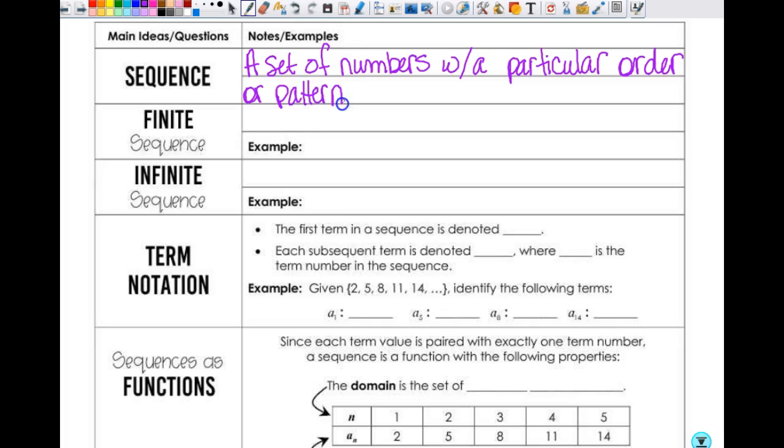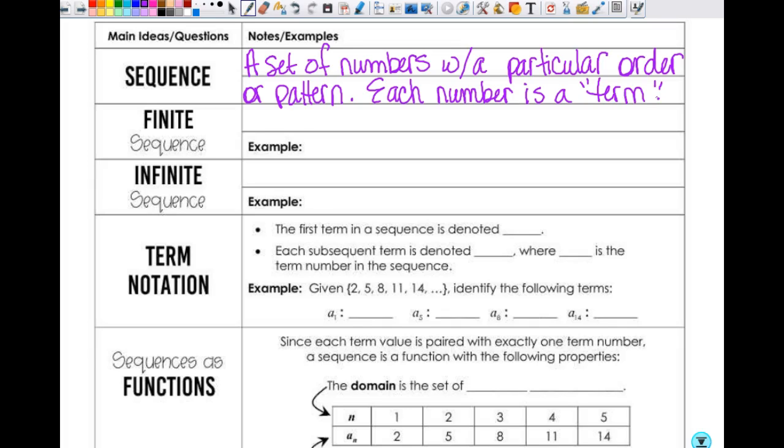Pattern is what I meant. Sorry, I've been writing position in the other class all day. Position is not necessarily wrong, it's just not what I meant to write. Order or pattern, and then each number is a term. Okay, so we have terms, and each number is a different term.